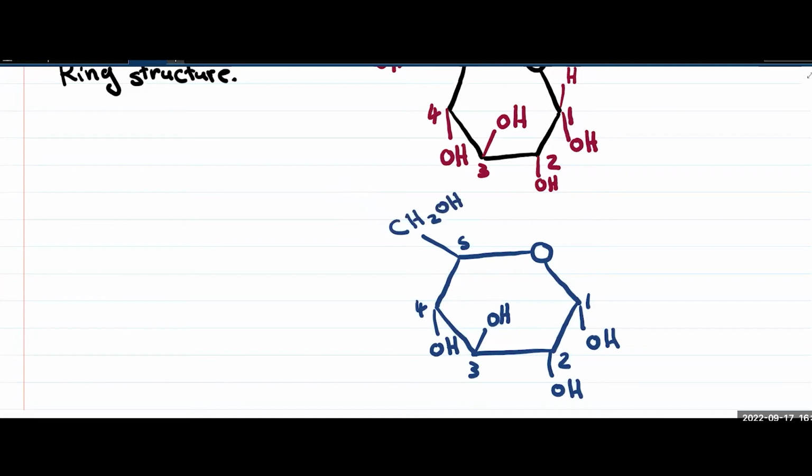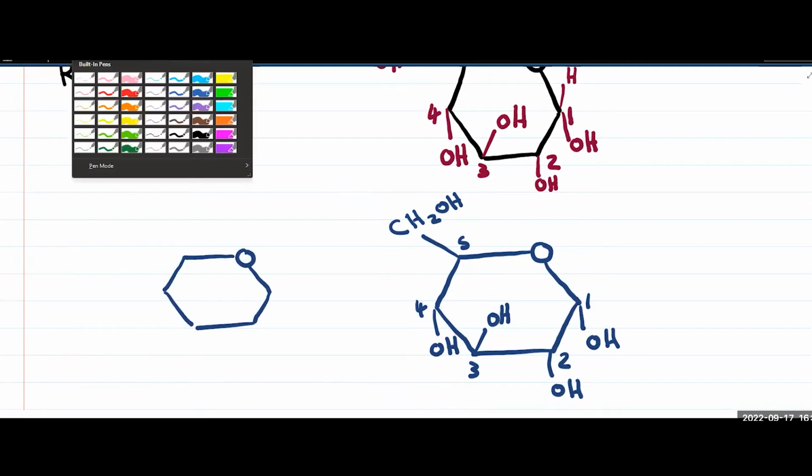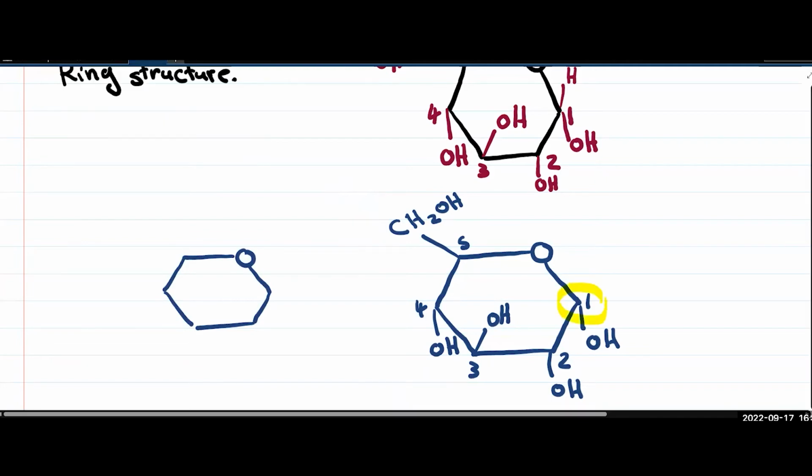Anyone can ask me, what if I draw the hydroxyl group in a different direction, especially the hydroxyl group in carbon number 1? And look at that hydroxyl group in carbon number 1.